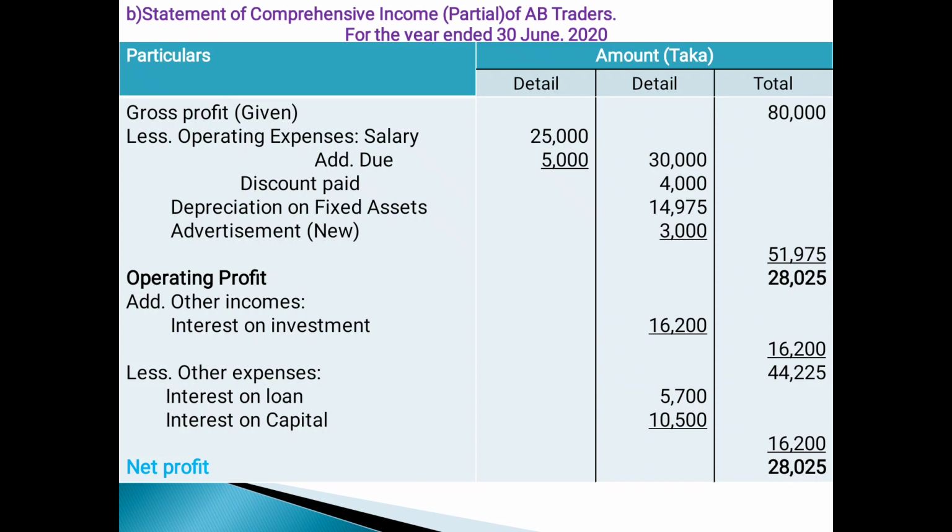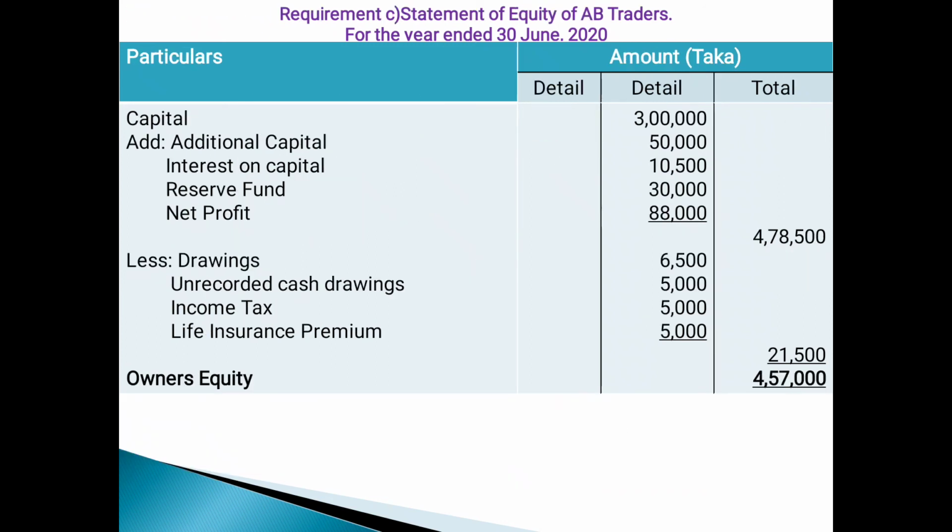Now we can go for the last slide. The requirement C, statement of equity, that is owner's equity of AB Traders for the year ended 30 June 2020. From the format, the first item of owner's equity is capital. It is taken from trial balance, Taka 3 lakh, in the middle column.